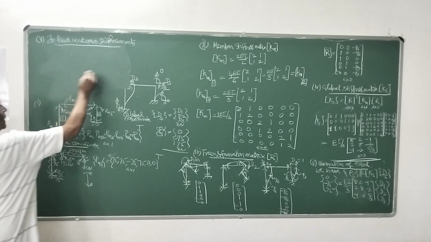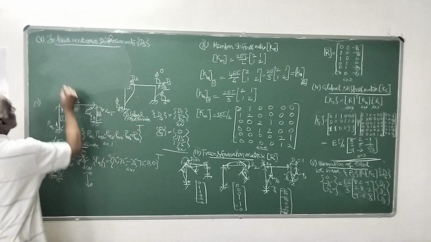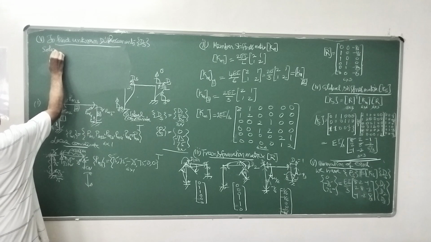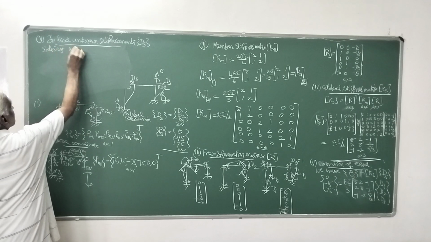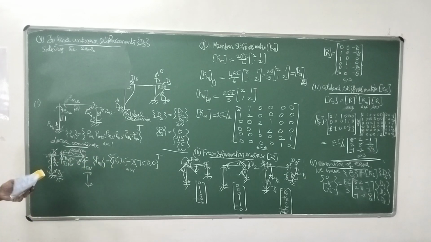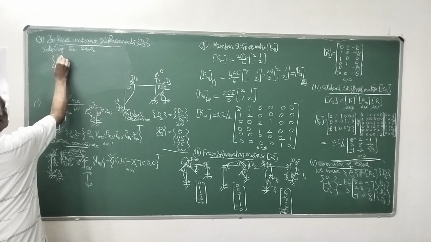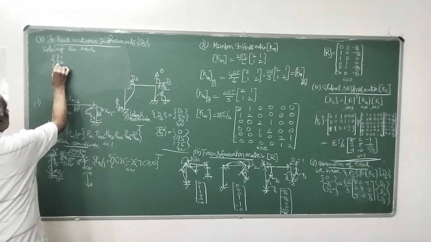So these are the unknown displacements, ds. Solving the equations in step 5, you will get d1, d2, d3.